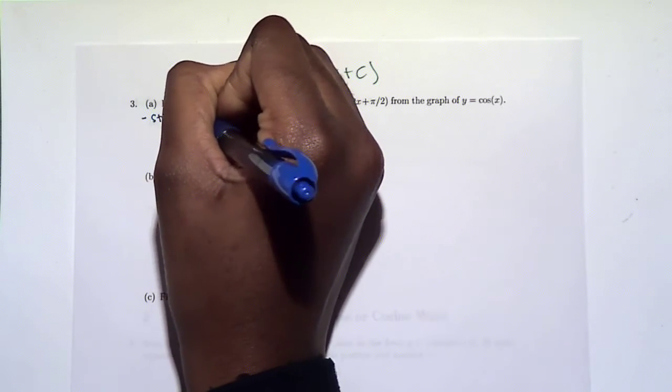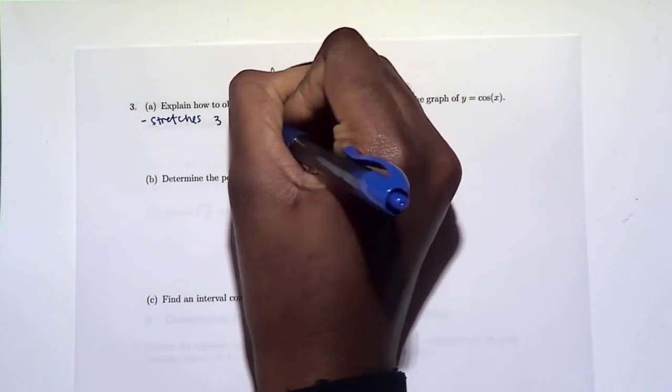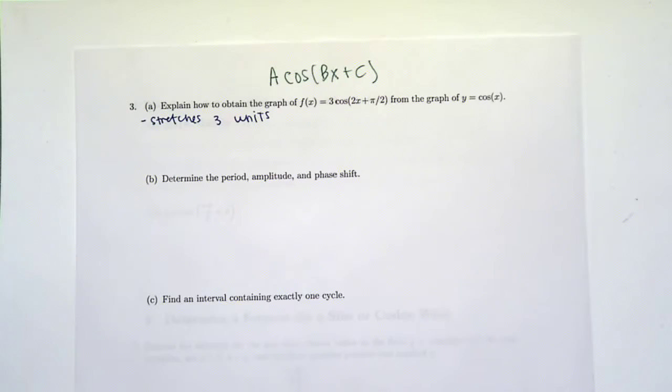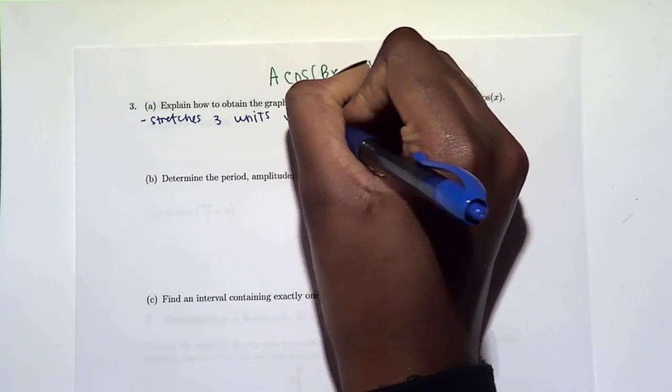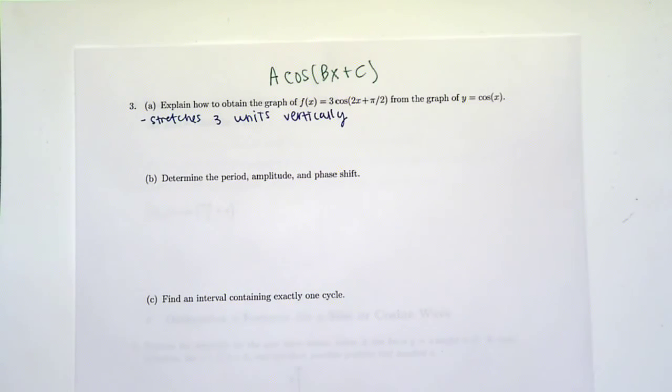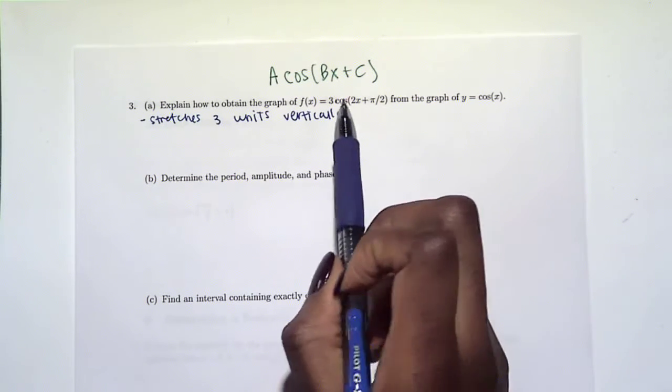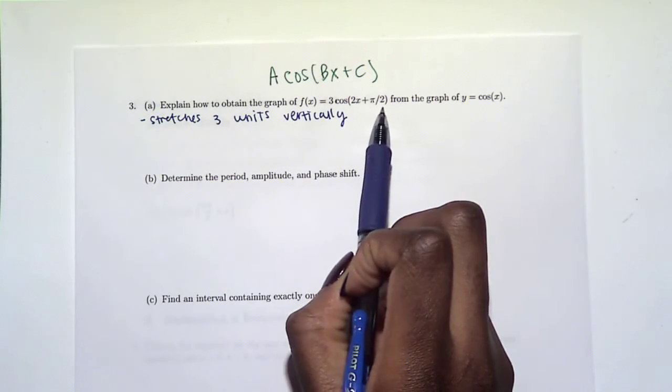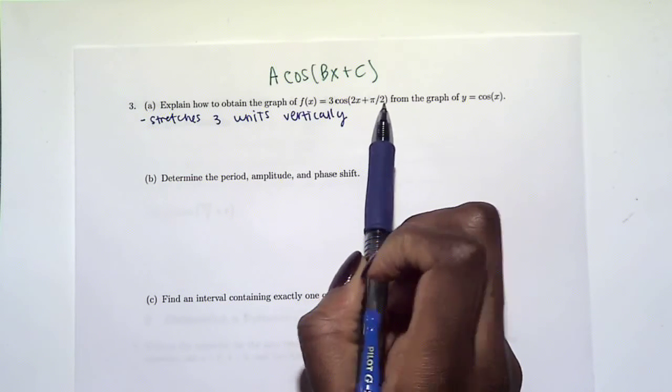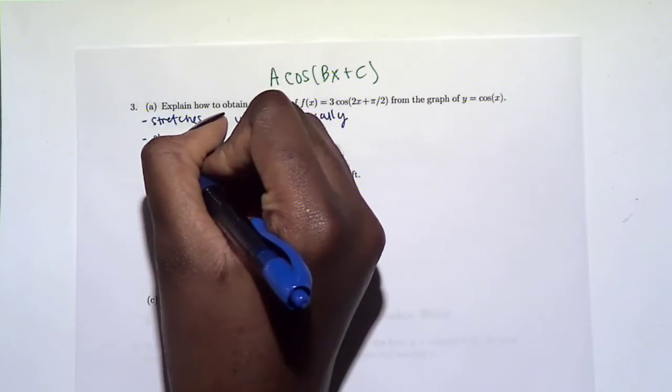So it stretches 3 units vertically. All right, what's next? Let's look at this pi over 2. That means we're going to shift pi over 2 units to the left.